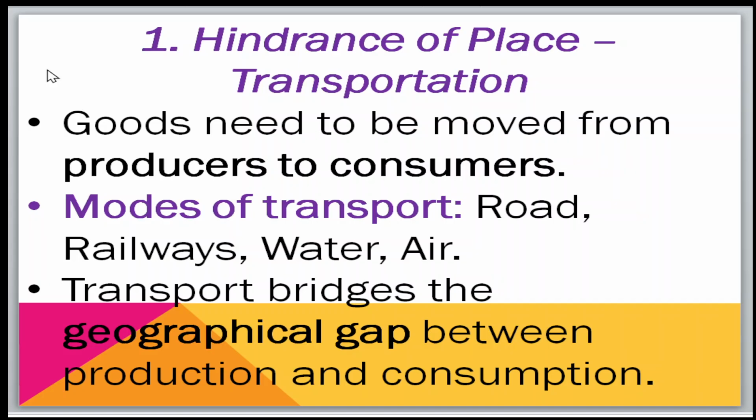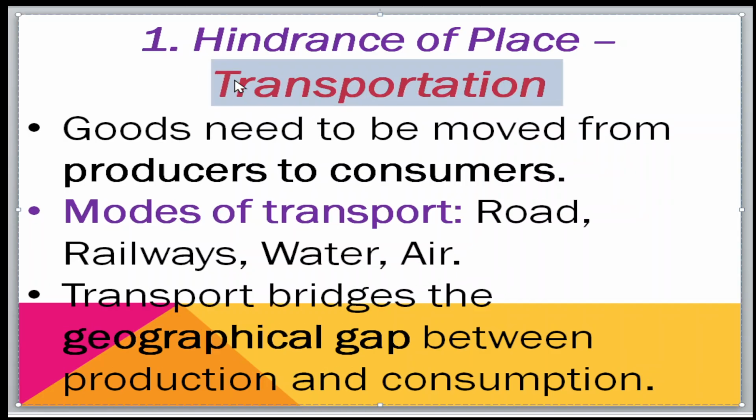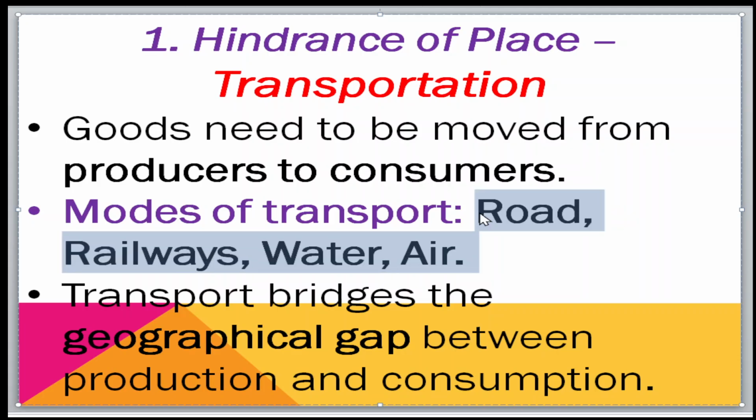What is the first hindrance? It is place, and that will be solved by transportation. Okay, first point. Goods need to be moved from producers to consumers, and for this we have the modes of transportation: roads, railways, water transportation and air transportation.